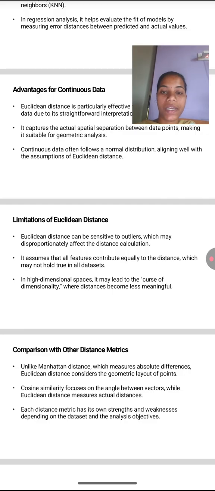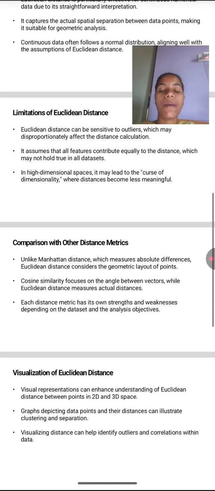become less meaningful. Comparison with other distance metrics: how is Euclidean distance special when compared to other distance metrics? Unlike Manhattan distance, which measures absolute difference, Euclidean distance considers the geometric layout of the points.